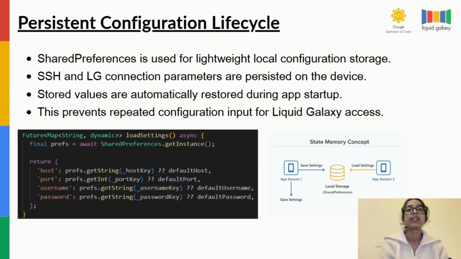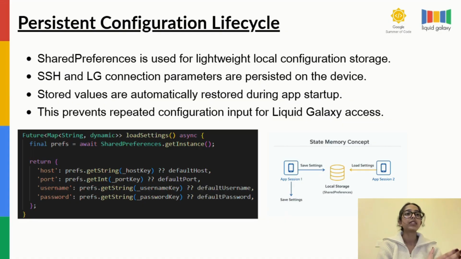Moving back to our slides. Okay, now that we have seen how the settings controller works, this slide shows the full life cycle of how configuration is actually stored and reused across app launches. What's happening here is pretty simple but very important.